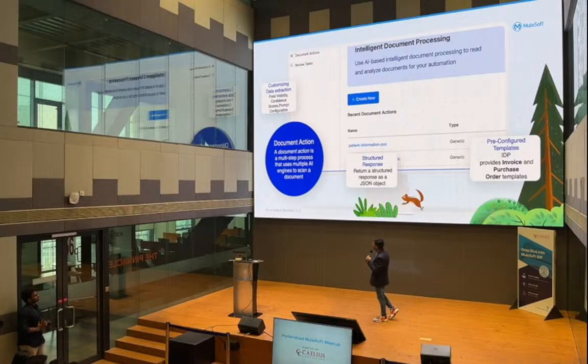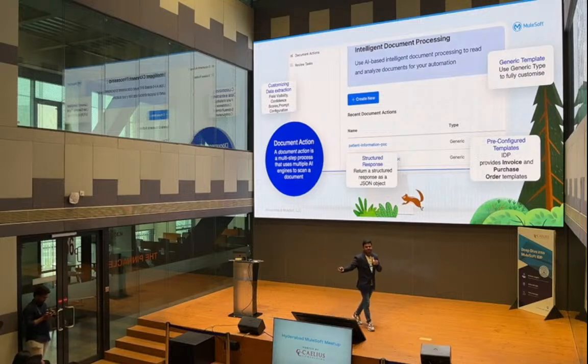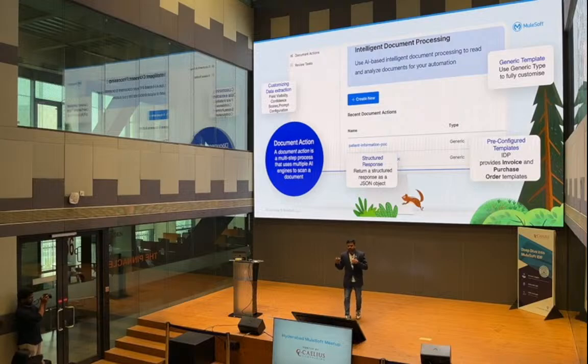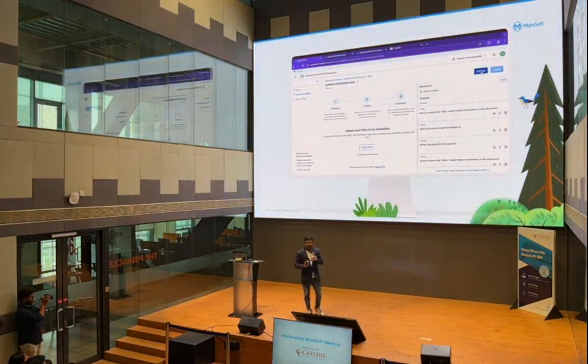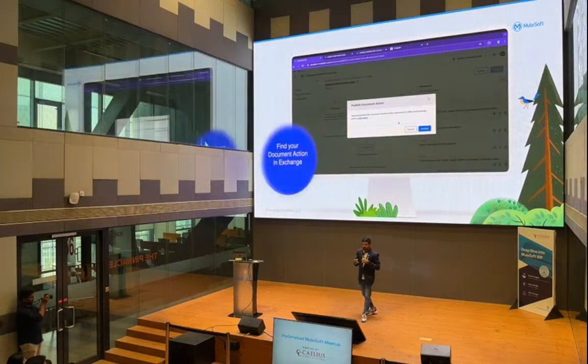I will be showing you the generic part. Apart from invoices and purchase orders, any other document is considered a generic template, where you can write your own prompts and extract that data. Alright? The second thing is, now that our document action is ready and tested, the next step is to publish it.